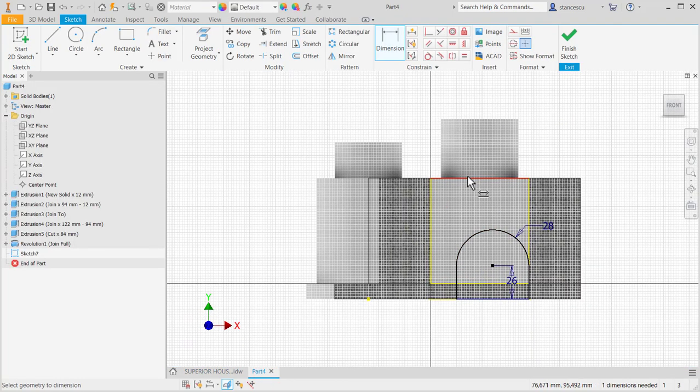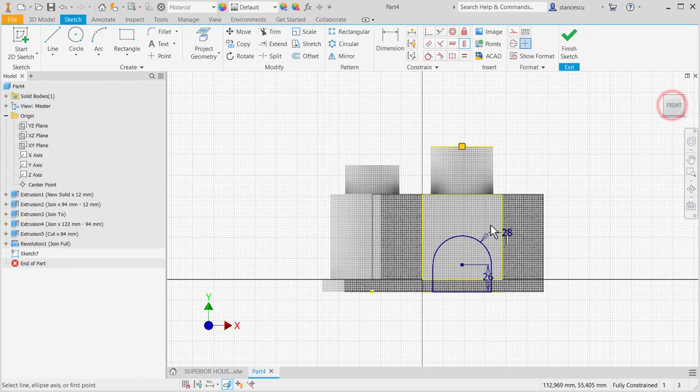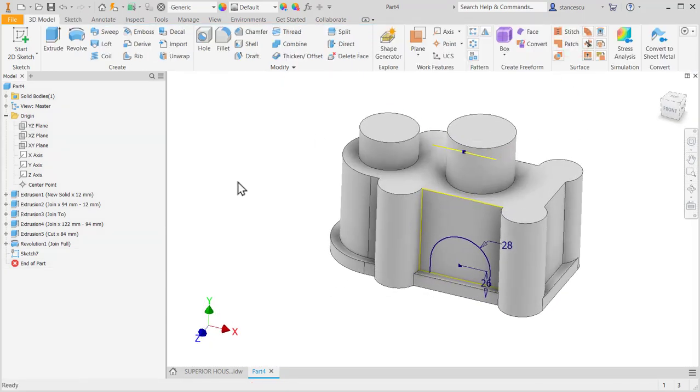Then I'll project this circle, and I put on the same vertical the midpoint of this projective line and this point. See? They are in the same plane. Finish sketch.